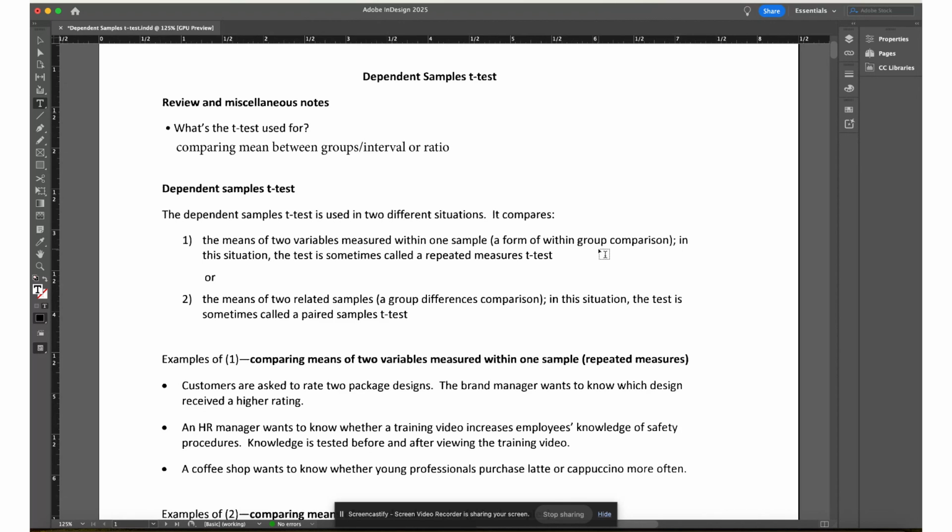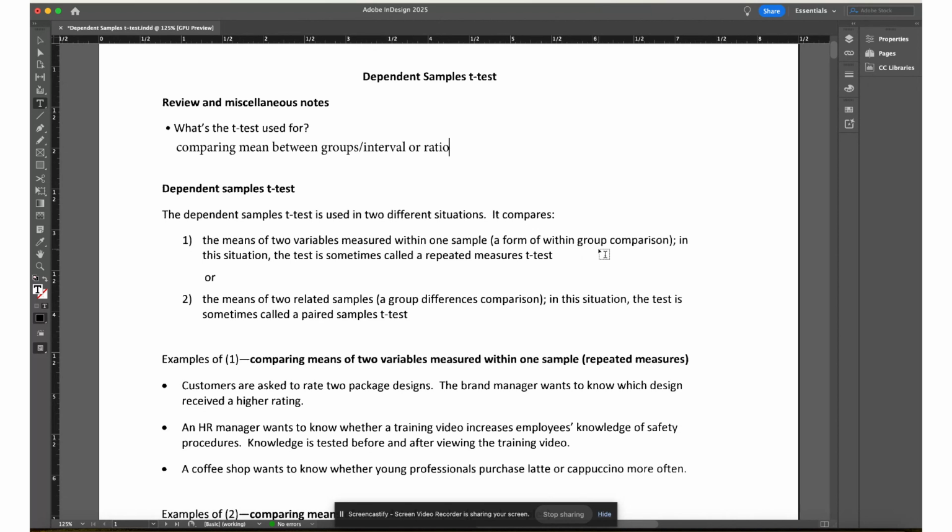What we actually have would be two variables within one group. So, the means of two variables measured within one sample. In this situation, the test is sometimes called a repeated measures t-test. And we'll get into the examples in a second.